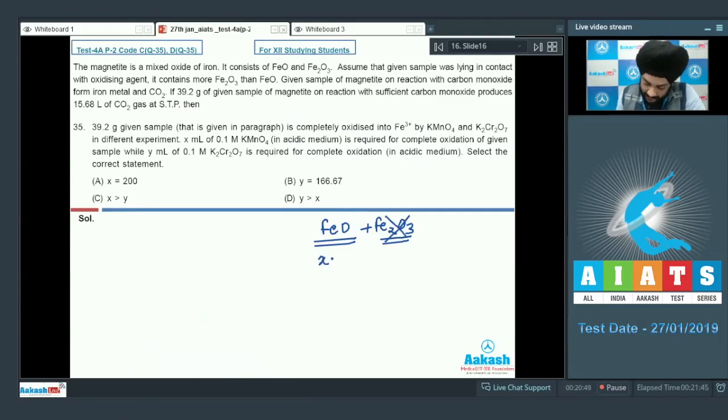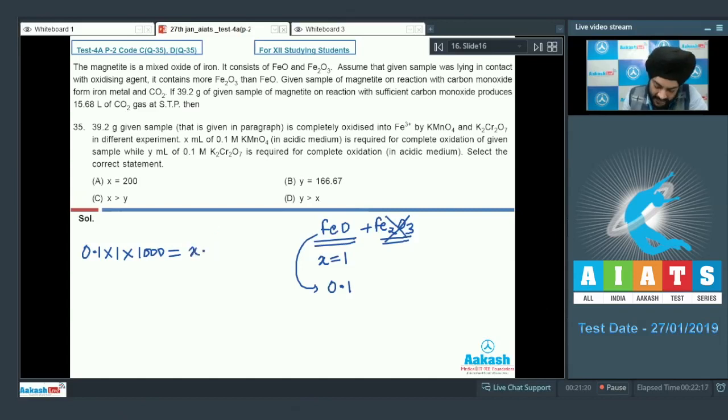So we have the N factor of FeO equal to 1 and the moles of FeO present was 0.1. So we can have the gram equivalent concept. So we have 0.1 into the N factor. N factor is equal to 1. This is the gram equivalent. We have to convert it into milli equivalent. So we have to multiply it by 1000, as the data given about the oxidizing agent is in terms of the milli equivalents.